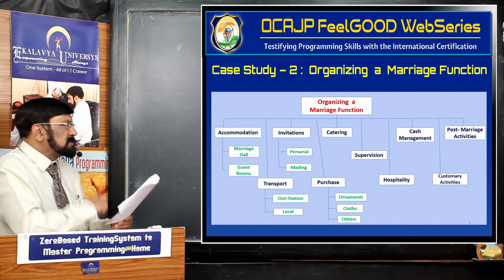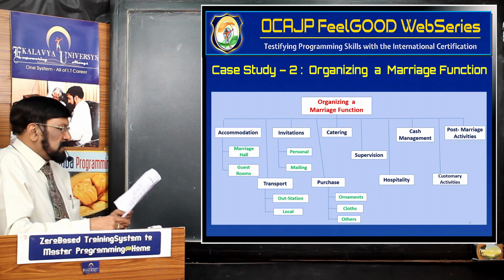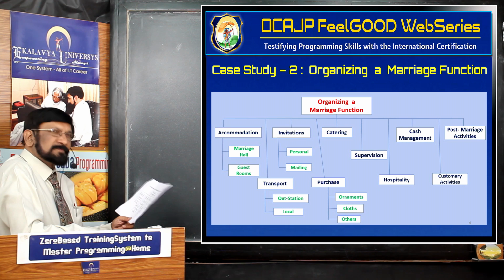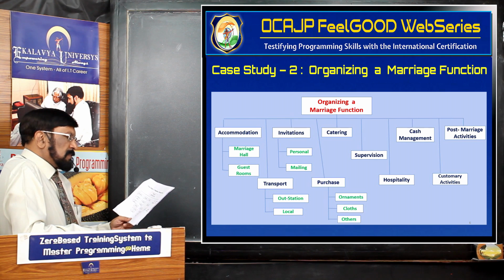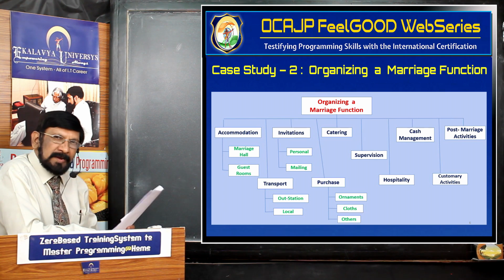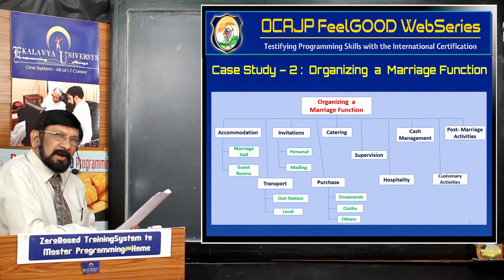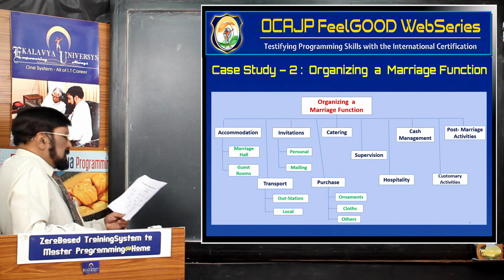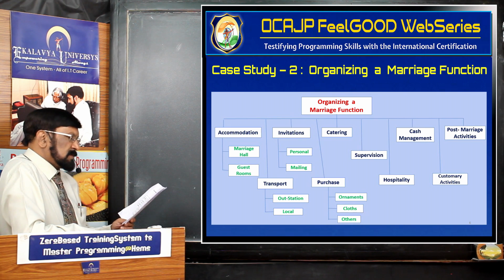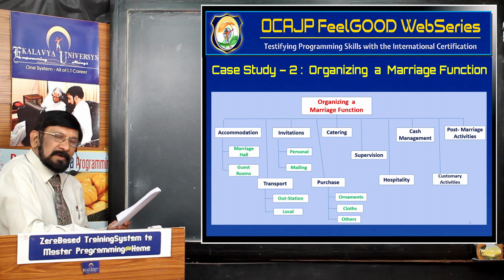Now let us see the chart; I will explain briefly. First, what is required? Accommodation, invitations, catering, cash management, post-marriage activities. These are the main activities. Accommodation means different accommodations like the marriage hall, guest rooms, etc. Invitations are personal and mailing.